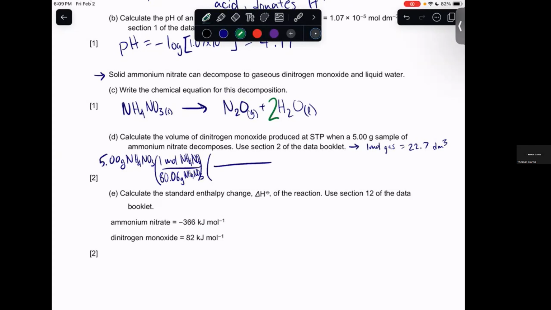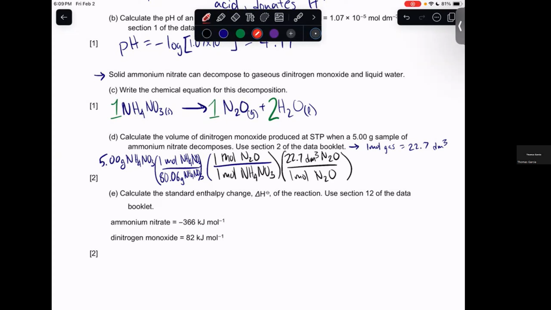I know from looking at my balanced chemical equation above that for every 1 mole of ammonium nitrate, I have 1 mole of dinitrogen monoxide. Now I'm looking for volume. So I bring that over here and I see that 1 mole of dinitrogen monoxide should be equal to about 22.7 decimeters cubed of dinitrogen monoxide.